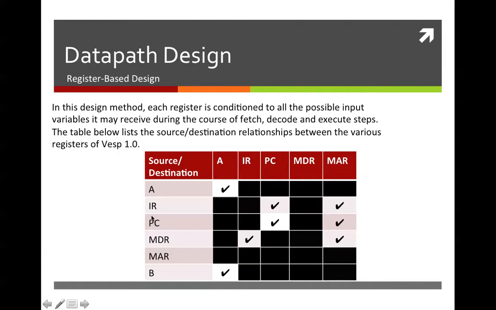IR, this is what I recollect. Just imagine what the transitions are, those steps that we covered in the fetch, decode, execute process. IR actually feeds PC. We might be going from the IR to PC as well as to MAR. It looks that we might be taking things out of IR and putting them into MAR.